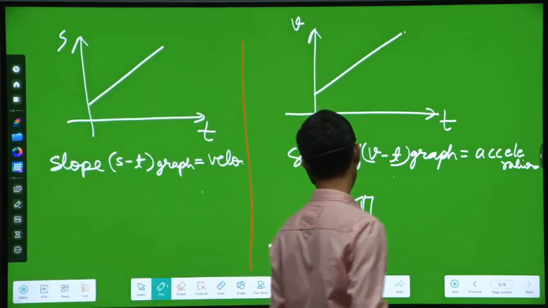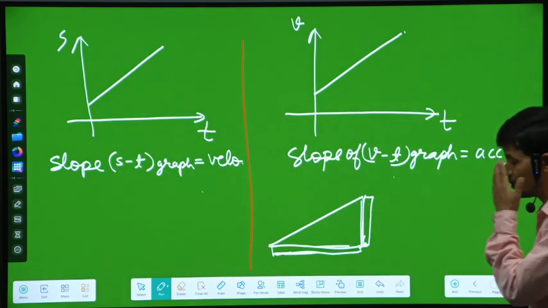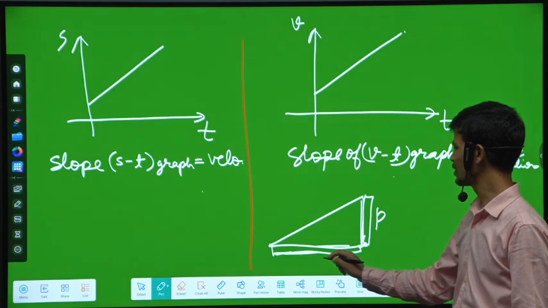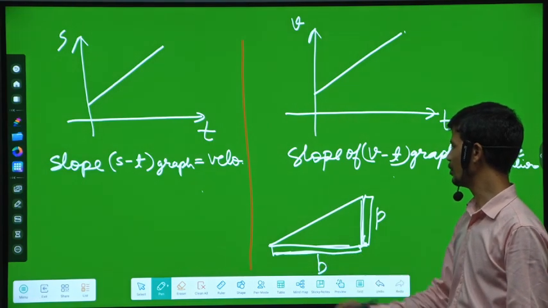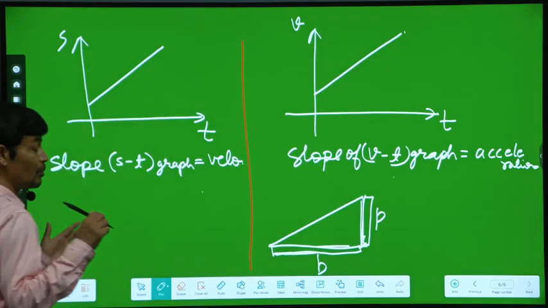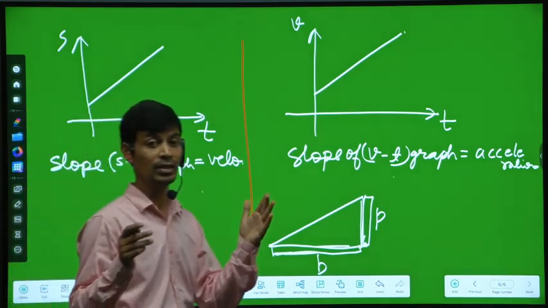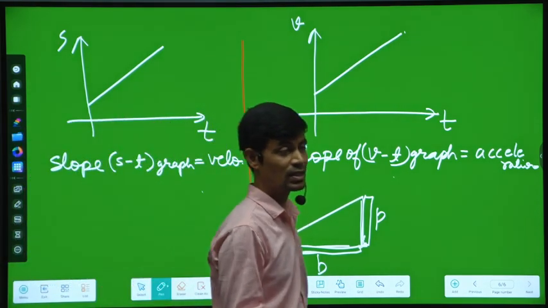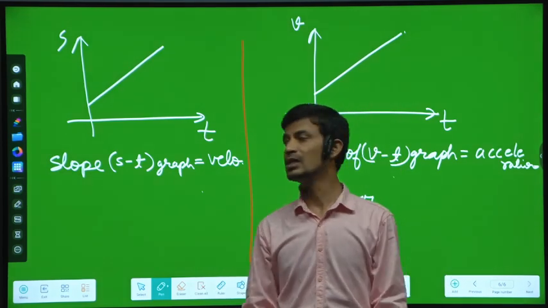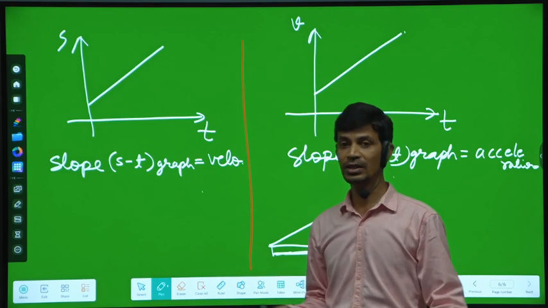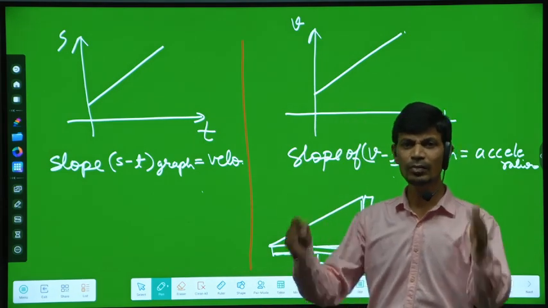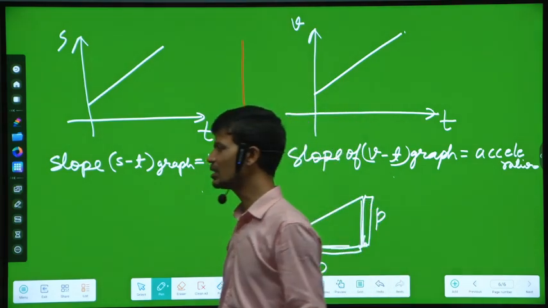I would say altitude divided by adjacent, but it is easy: perpendicular upon base. Most of the time students just memorize these things and say slope means velocity, sometimes they say it is acceleration. No, slope is just slope, it is a geometrical thing.